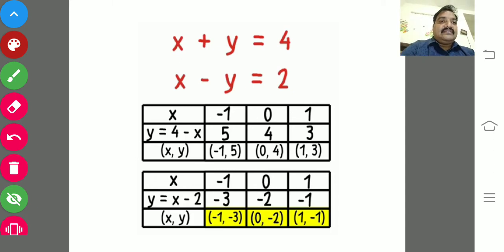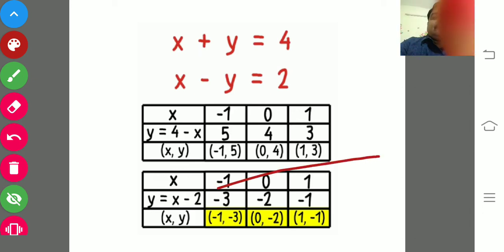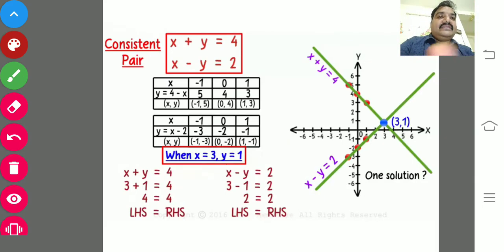The first thing, before entering into the graph, is to make a table. After making the table, you will get the ordered pair values, the x-axis value and y-axis value. Simply you will plot them into the graph. You know how to plot the values, you have experienced that.